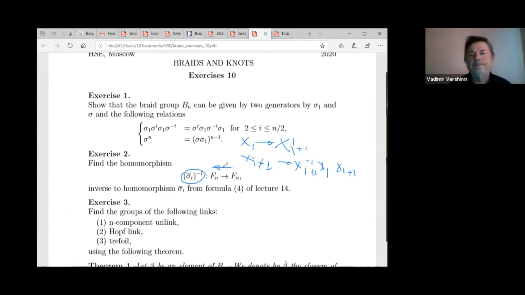So what can you propose as the opposite homomorphism, inverse?